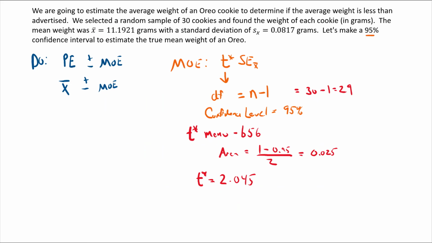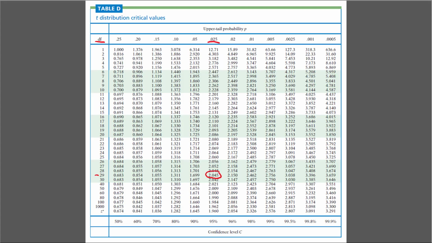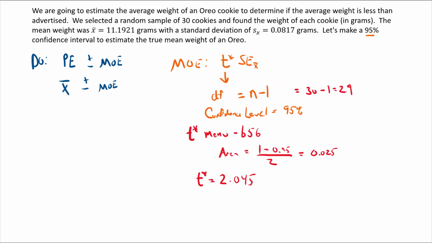You can either use your TI-Nspire by doing menu 656, or you can use this table, which I have labeled here as table D. And if you use table D, we still got our T star to be 2.045.